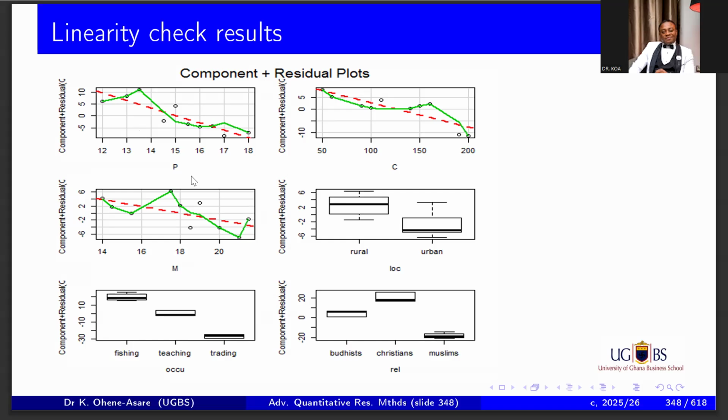For them to exhibit linearity, we want them to look like the red line. Which of these properly matches the red line? Which of these properly fit the data like the red line?